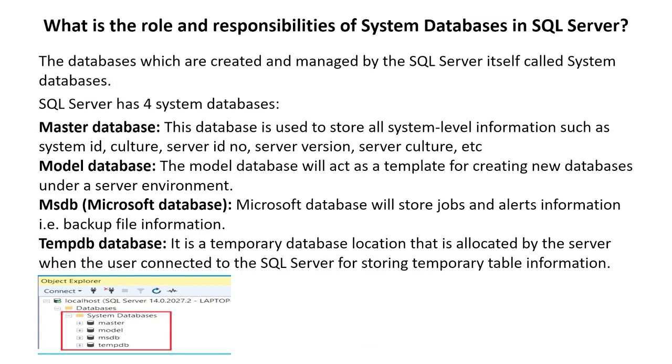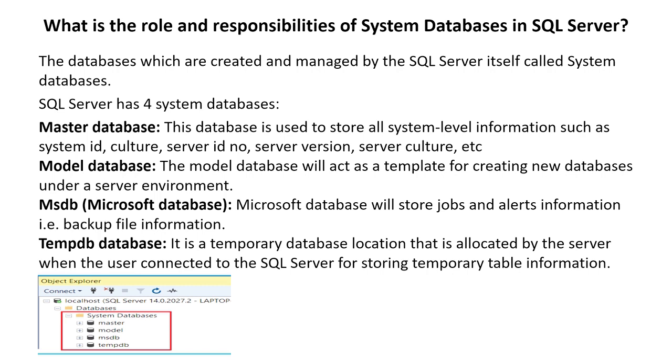What is the role and responsibility of system databases in SQL Server? The databases which are created and managed by the SQL Server itself are called system databases. SQL Server has 4 system databases: master database, model database, MSDB, TempDB. Master database is used to store all system level information such as system ID, culture, server ID number, server version, server culture, etc. The model database acts as a template for creating a new database under a server environment.